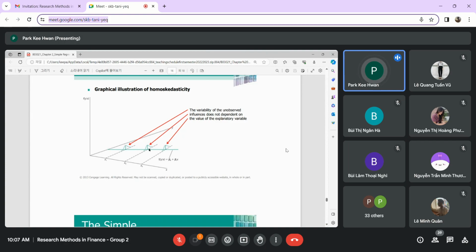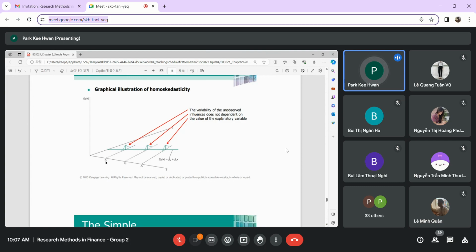If you look at this graph, how spread out is the distribution of the error when x is x1, when x is x2, and when x is x3? It's the same.